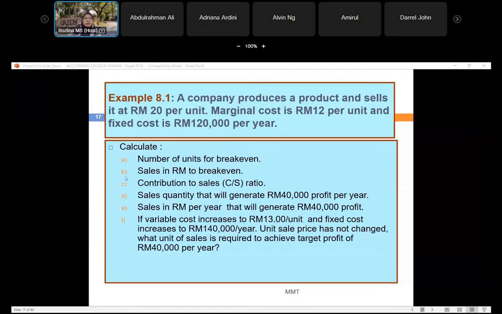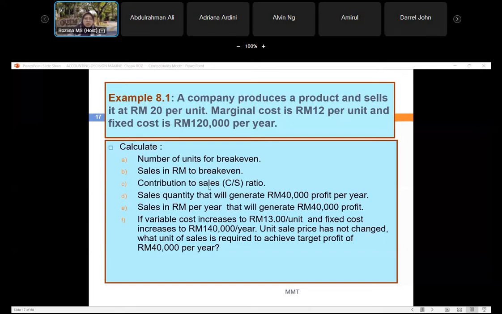What is the sales? When you get the units of break-even point, you use these units to identify the sales in RM to break even. You use this break-even quantity to get the sales number in ringgit.